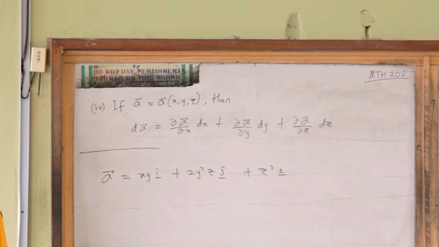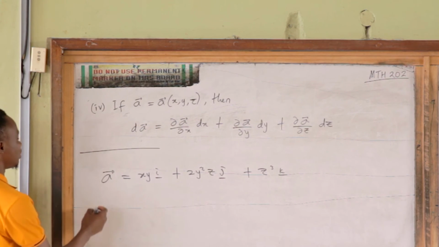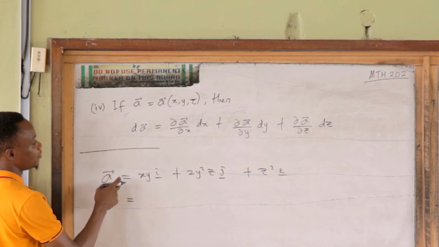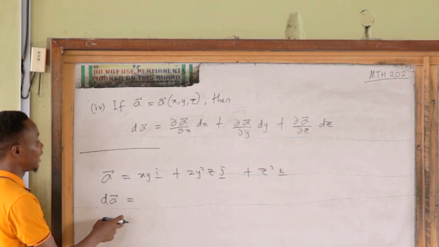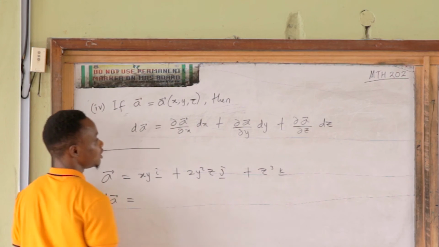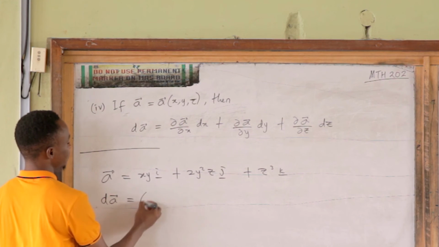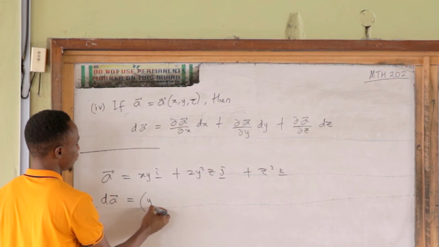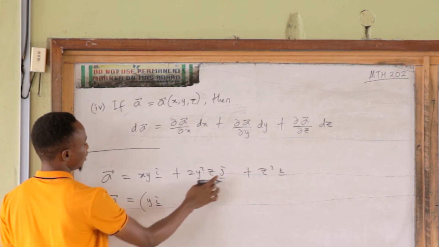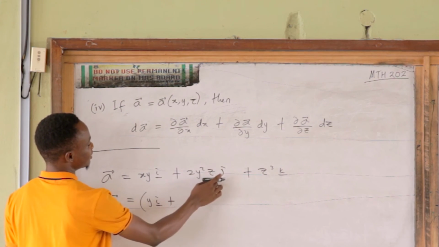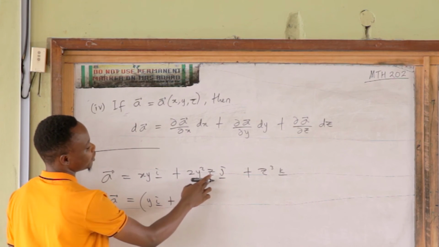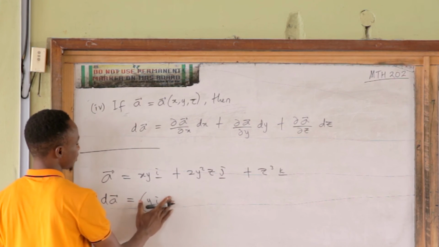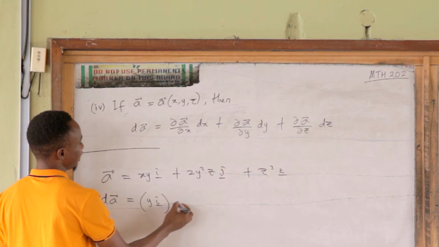If you want to get its total differential, da is going to be equal to the partial derivative with respect to x. That gives me y i, and the other terms give 0, times dx.